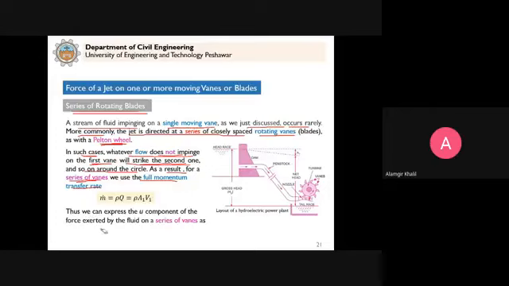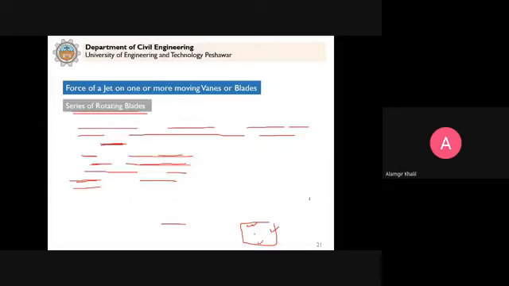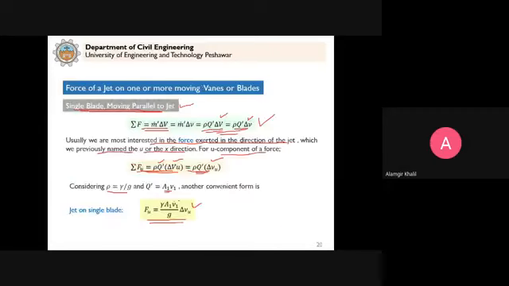Thus we can express the U component of the force on a series of vanes like this. Now if you compare this with the previous case, this is the same, this is the same, this is the same, but there what did we use? We use only relative velocity because the discharge hitting the vane is less.